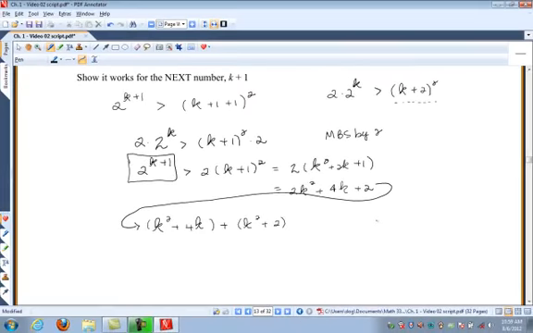Now here's a little fact. I know that k is greater than or equal to 6, so k squared plus 2 at a minimum is 36 plus 2 is 38. So I know that k squared plus 2 is greater than 4. It's way more than 4 in some cases.